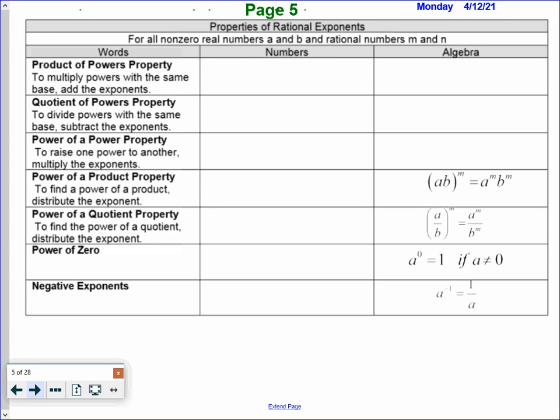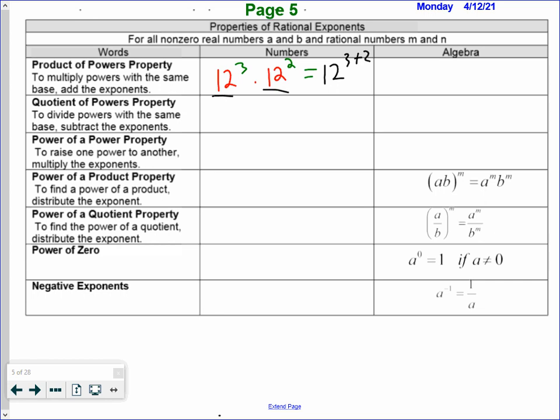So the first property that we have is the product of powers property. What that says is that if you have two powers with the same base, and you're multiplying them together, you just add the exponents. For instance, if we have 12 to the third power, and we multiply that with 12 to the second power, when you multiply these two together, we get 12 to the 3 plus 2.